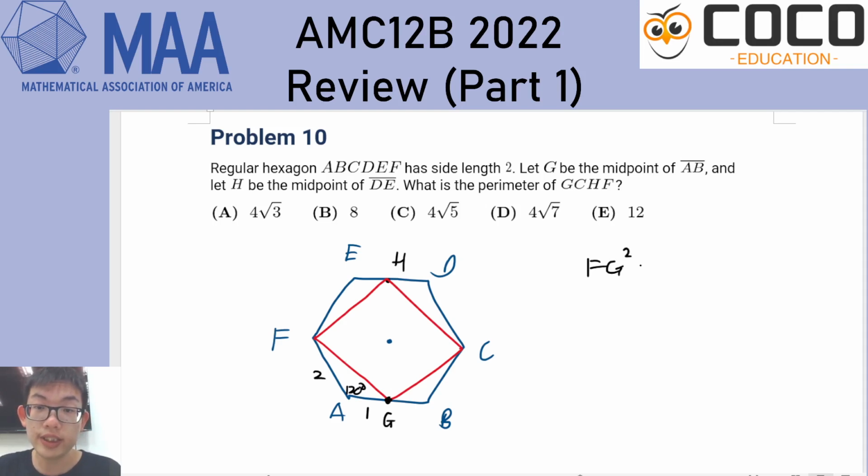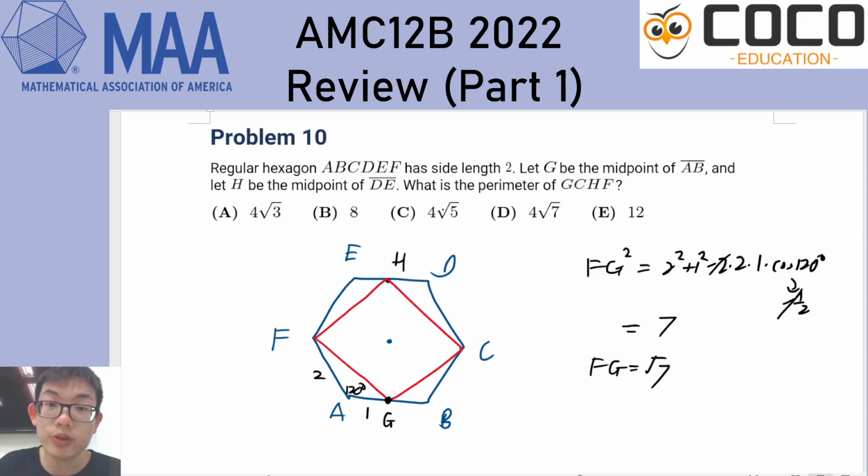So I'll just use it on one side. Cosine 120 degrees is negative 1/2, so it cancels and you get 4 plus 1 plus 2 is 7. So FG is square root 7, and my answer should be 4 square root 7.